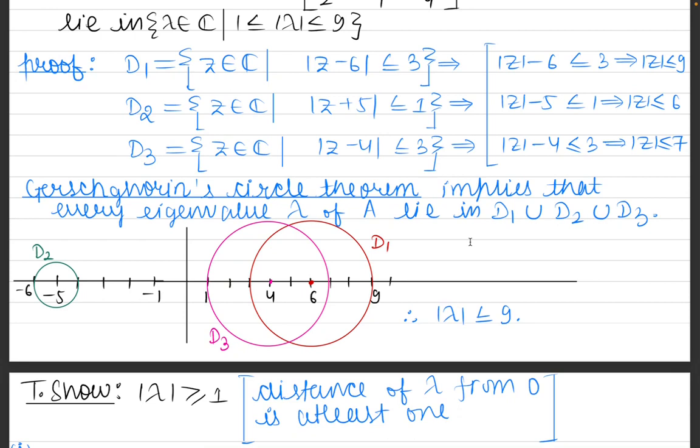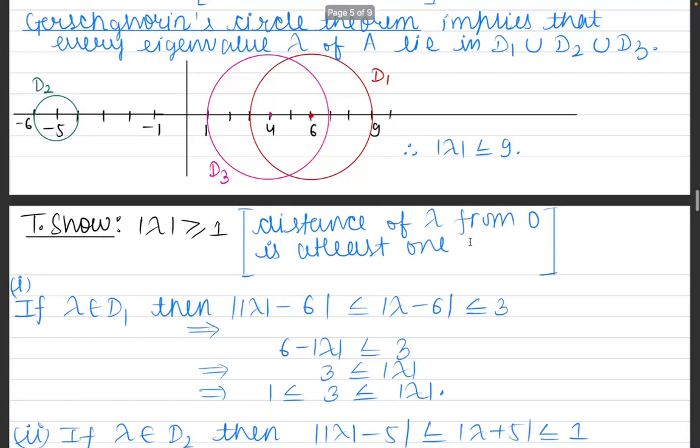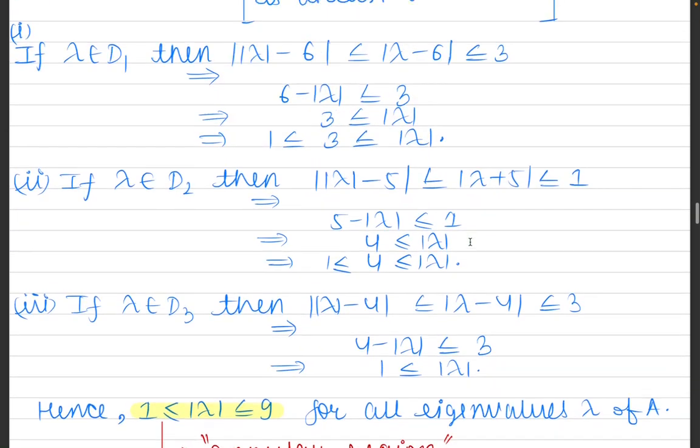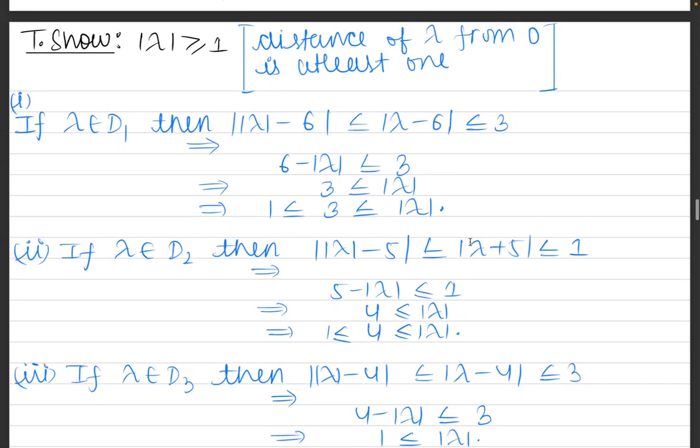So let us write that. If lambda belongs to D1, we do it pictorially, geometrically it is very clear. Let us just write it mathematically. If lambda belongs to D1, then mod lambda minus 5 is at most 3. This reverse triangle inequality will always hold.